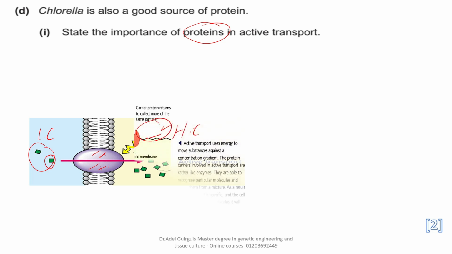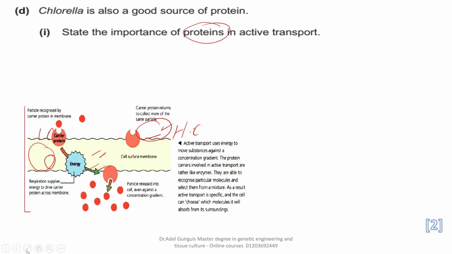Look at this figure. The particle is recognized by the carrier protein by its binding site, and with the help of energy the carrier protein moves along the membrane and releases these particles towards the area of high concentration, against the concentration gradient, and moves again to carry another molecule and so on.